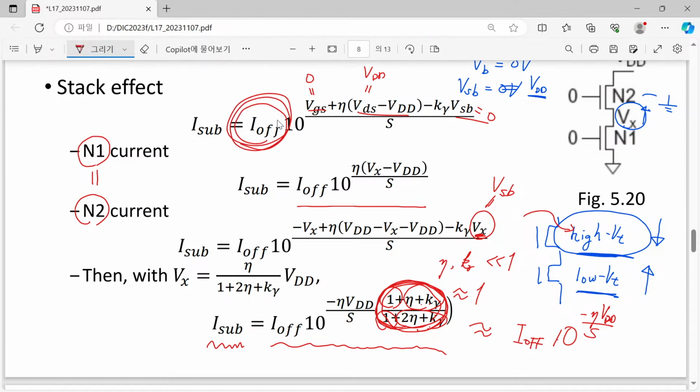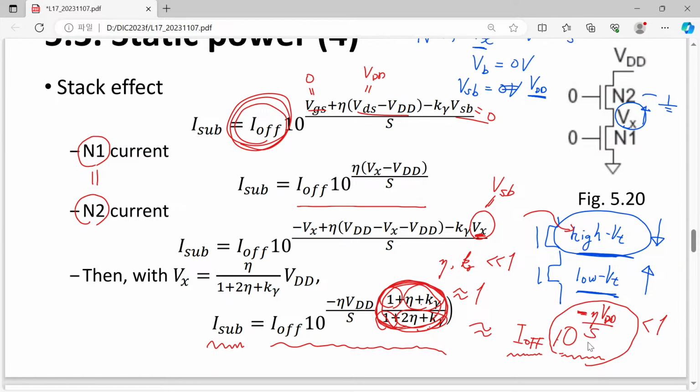So this one and the other one all become 0, and your current will be just originally I off. However, when we make a stack of 2 serially connected MOSFETs, then compared with our original I off current, we have an additional factor. And this additional factor is certainly smaller than 1 because it has a negative sign here.